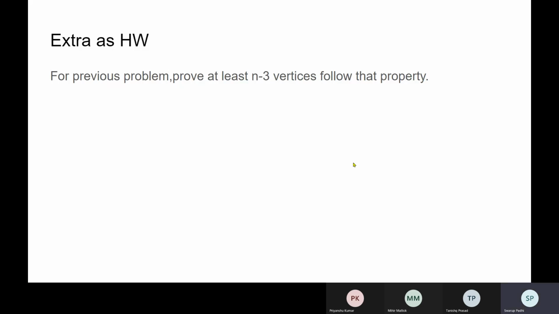Yeah, you are considering a worst case. But isn't this a special case, right? Because you are considering a particular graph. In general, can you prove this?